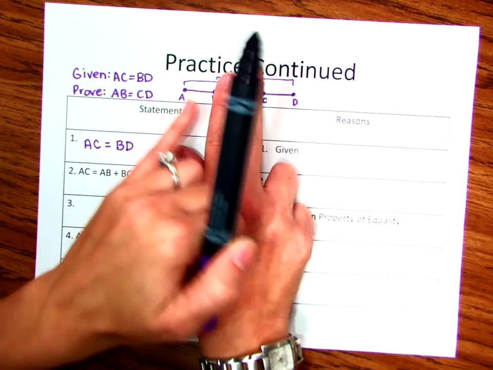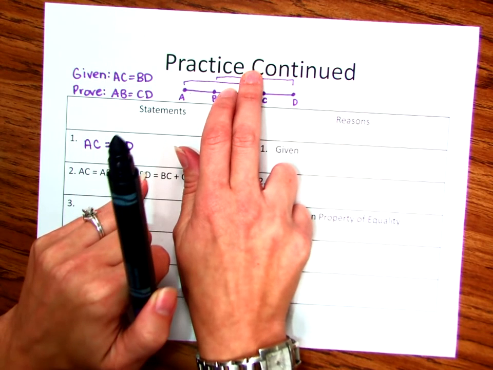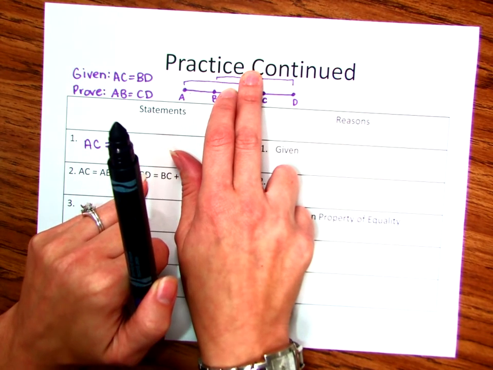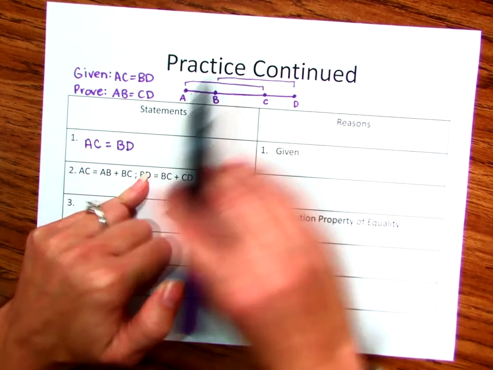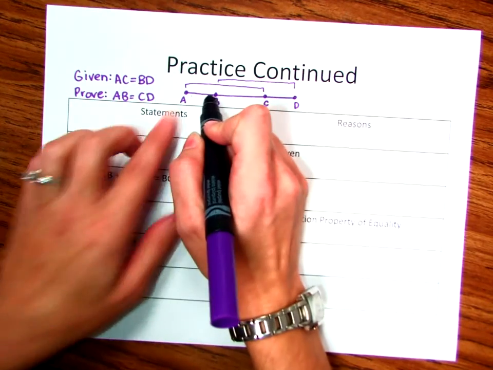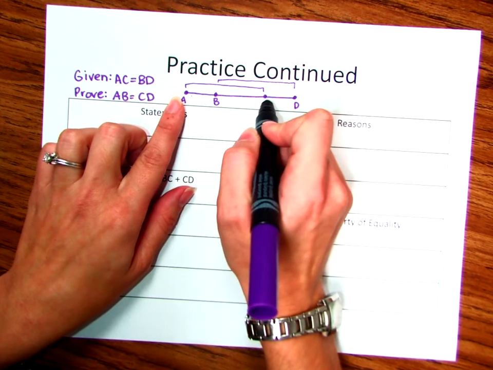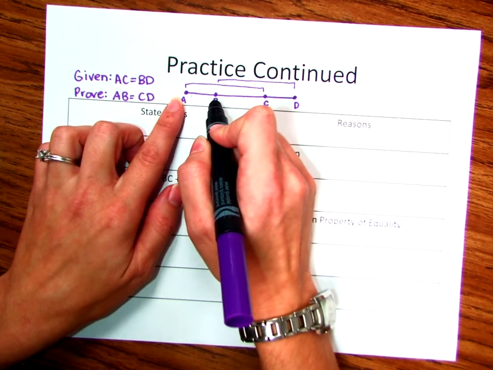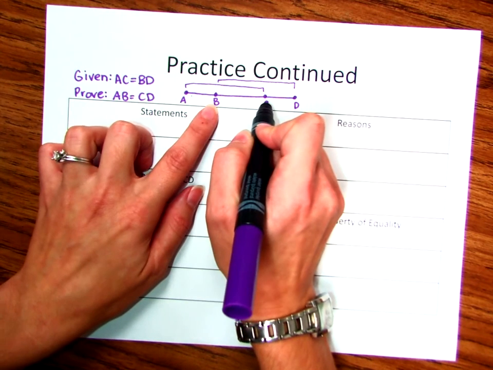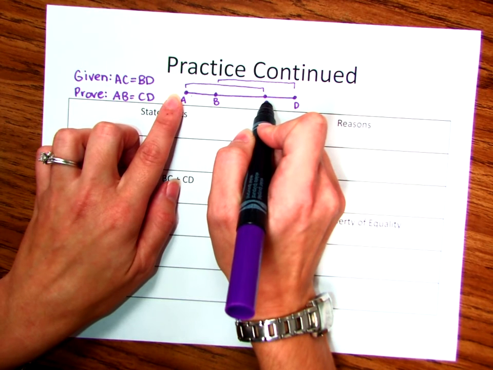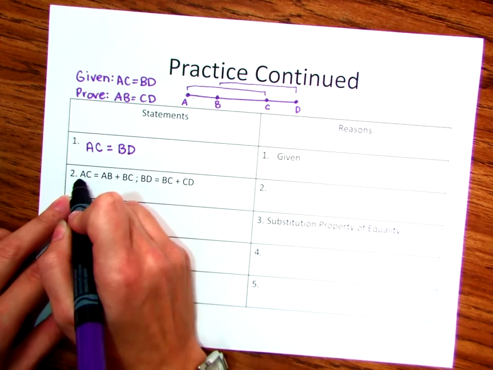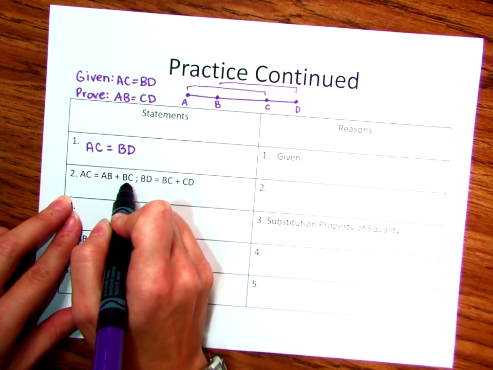So if I'm trying to subtract, then maybe I should be looking at the segment addition postulate, which would be the inverse operation. What I just learned about the segment addition postulate is that AB plus BC gives me the entire length here, AC. And that's what this piece here says, AC equals AB plus BC.